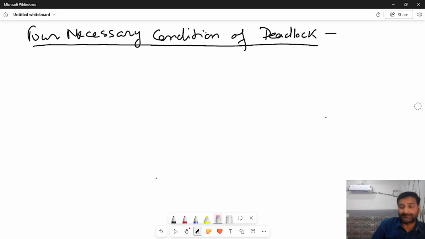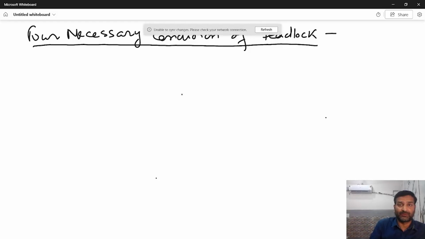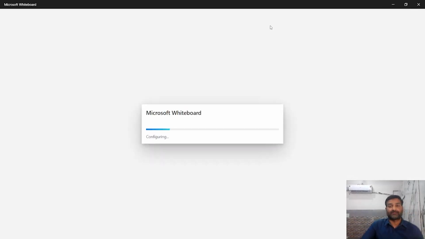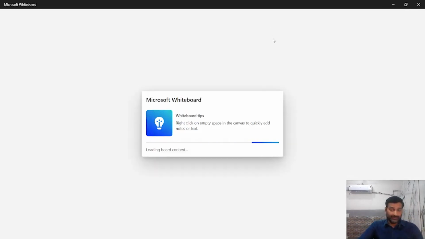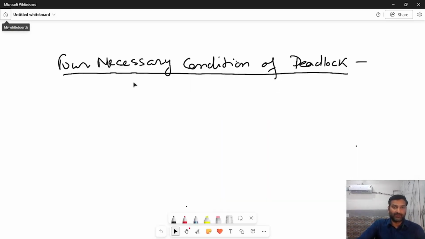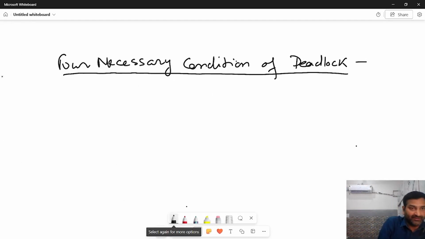Now, to understand the various situations which cause deadlock, these four necessary conditions cause deadlock. Let us understand in depth what those conditions are and how they cause it. The first condition is mutual exclusion.